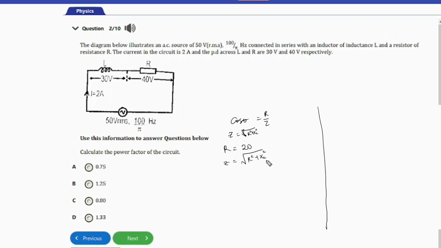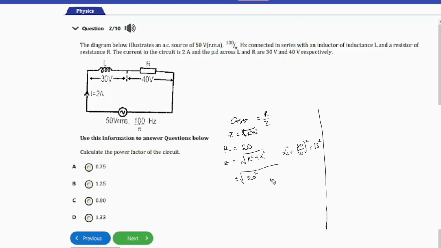So if we go ahead and put the values here, R squared is 20 squared, and XL squared is the square of the inductive reactance here. In order for us to get the inductive reactance, that will be the voltage across the inductor over the current. So that will be 30 over 2, and that's 15.